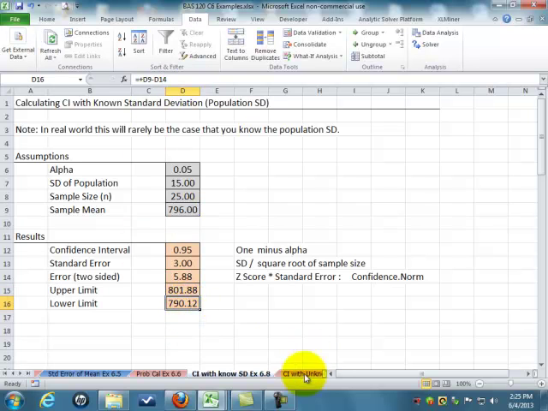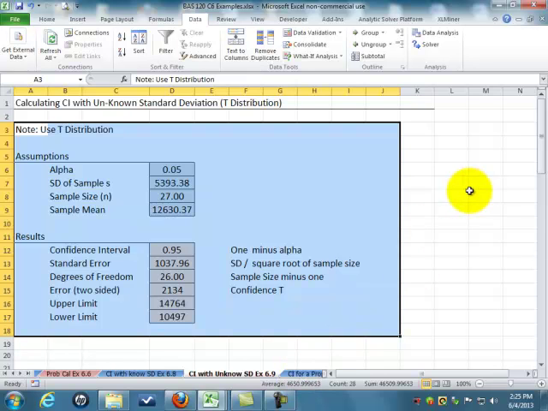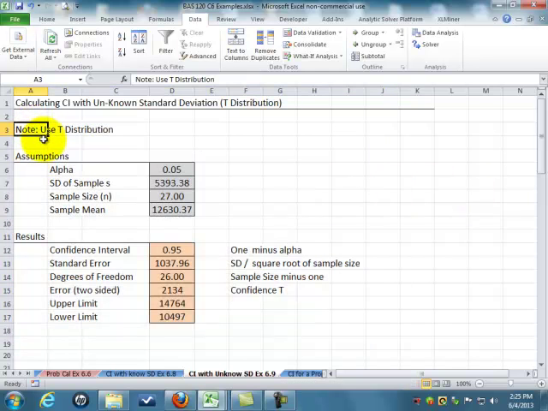Now, the only trouble with all of that is most of the time you don't know the standard deviation of the population. So in those cases, we're going to use a t-distribution, and instead of using the standard deviation of the population that we don't know, we're going to substitute the sample standard deviation.